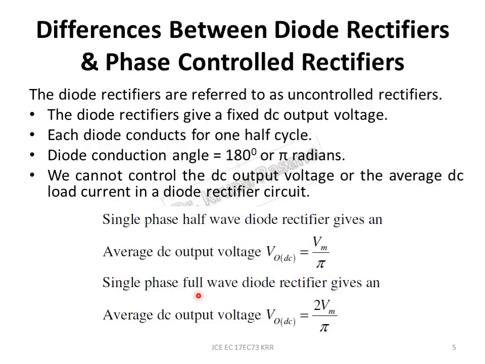And for the single phase full wave diode rectifier, the average output voltage will be V naught DC equal to 2 times Vm by pi, because even the negative half cycle will be rectified. So for full wave I get 2 Vm by pi. For half wave I'll get Vm by pi. And we are using single phase because in your syllabus we are dealing only with single phase and not any other multi-phase or three-phase kind of input supply.